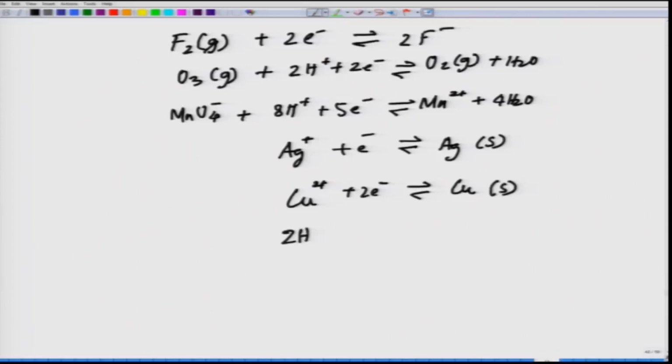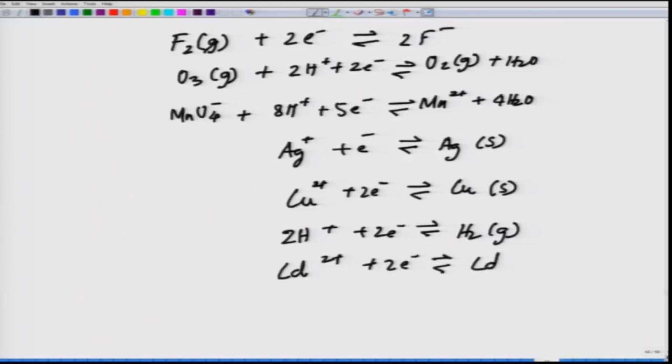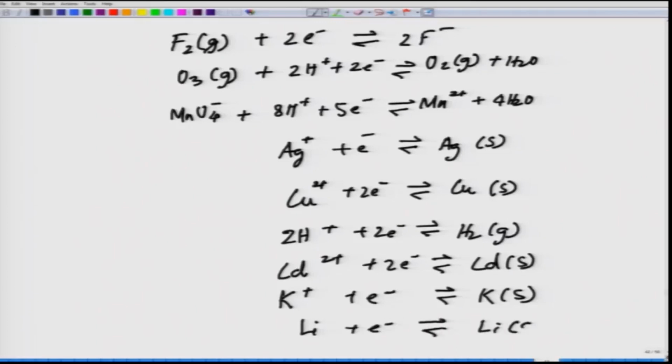Similarly, 2H plus, now this is the reaction we have already talked about, making H2 gas. Now cadmium 2 plus 2 electrons, making cadmium solid. Similarly, potassium plus electron making potassium solid, and lithium plus electron making lithium solid.